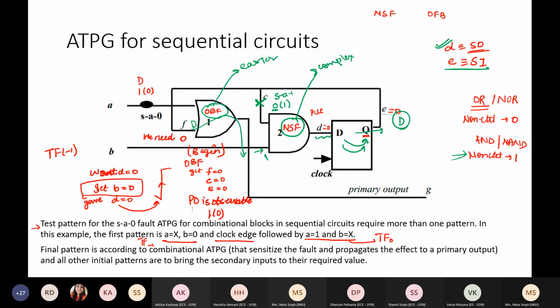The other will be TF-1 where the value of E becomes D, and the third will be TF-2 where I ensured that this fault D is getting at small d at the output of the AND gate. तभी मेरा value C equal to 0 होगा. Right? Try to analyze this.